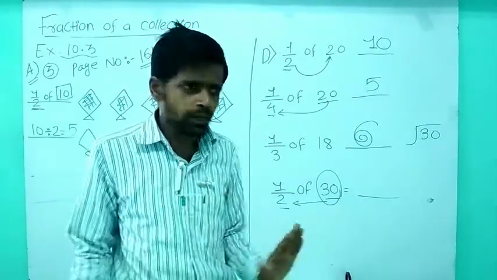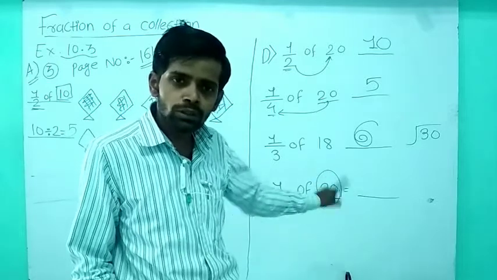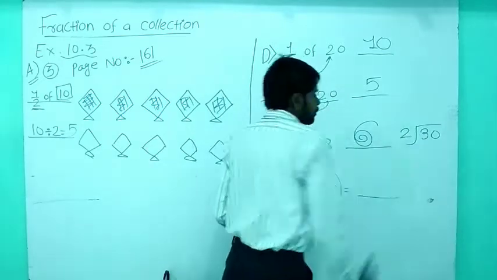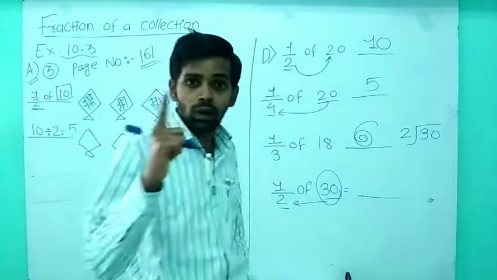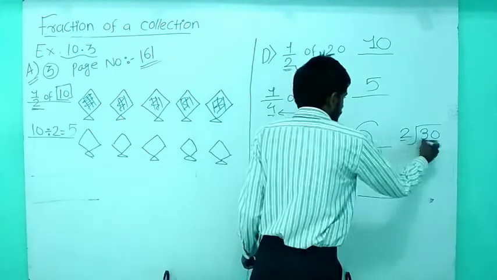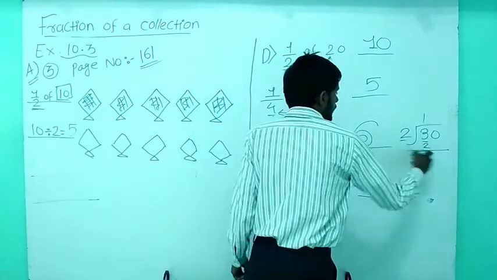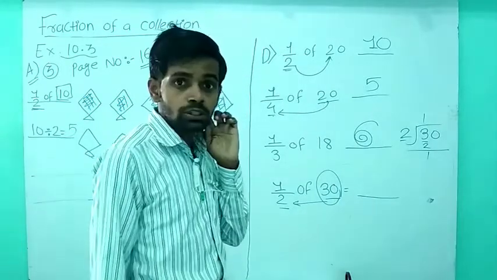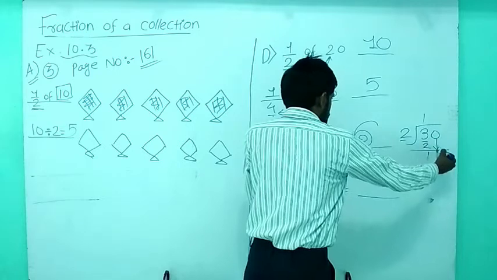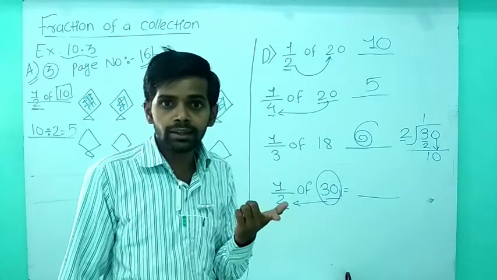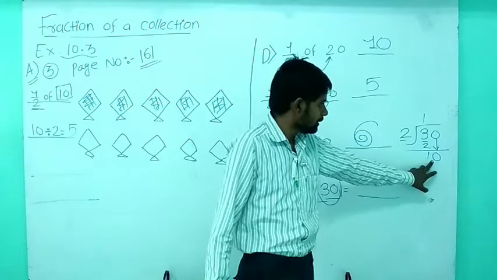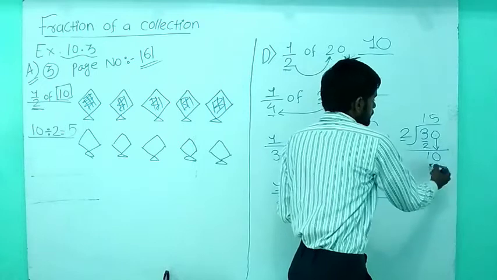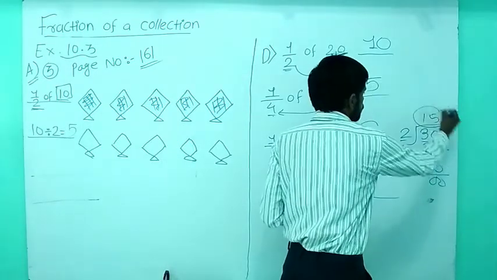don't hesitate, no problem. We will try to solve this type of question by division. We will do simple division. That is 2, and 30 is there, so take 1 digit, take 1 digit, 2 and 3: 2 1s is 2, 1 will be left over. When you subtract, 1 will be left. Then 0 comes down, and it becomes 10. Now we have to divide this 10 by 2. 2 5s is 10, so you will get 15.